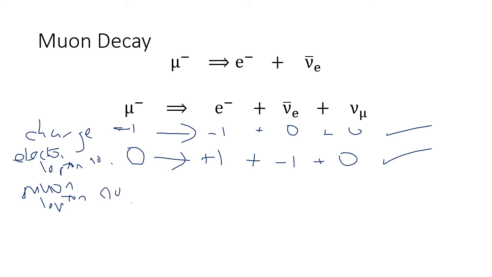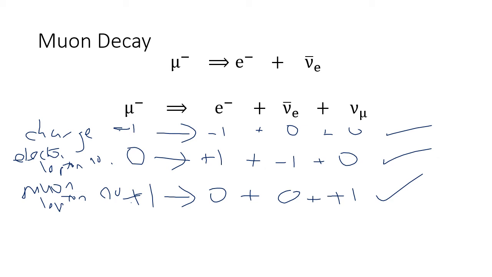So our mu minus arbitrarily is the real one, like the negative electron is arbitrarily the real one. That's a real muon. Electron, different flavour, not a muon. Electron neutrino, different flavour, not a muon. Real muon neutrino, that's a muon. And so muon lepton number is also conserved.